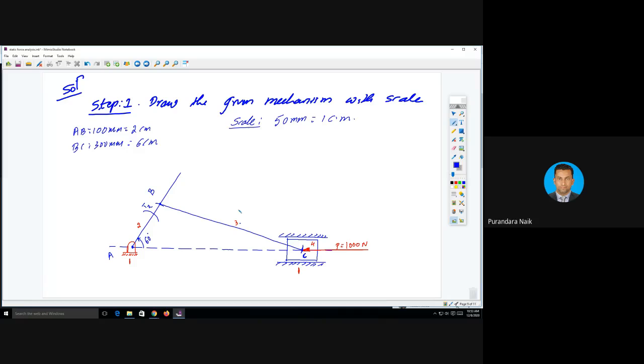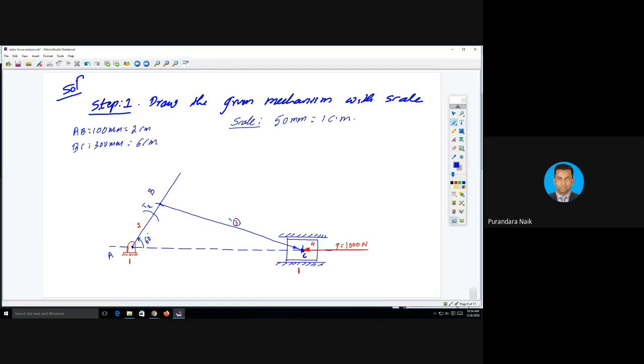Link number 3 is connected to link number 4 and it is meeting at point C. Now, if you apply the force in this direction, in the left direction, some amount of force will be acting by link number 3 on link number 4, right? If you apply the load in this direction, automatically the resistance force will be acting in the opposite direction by link number 3. Yes or no?